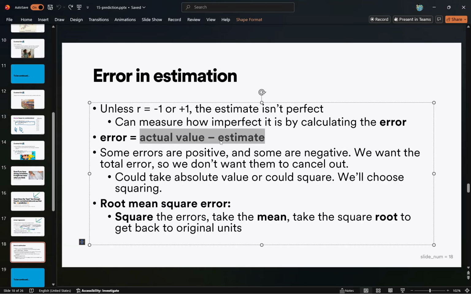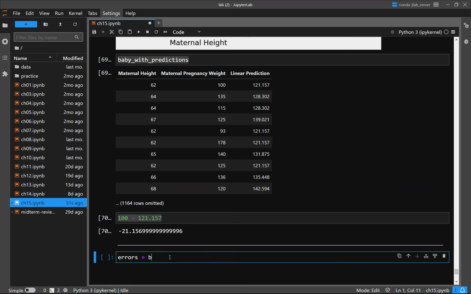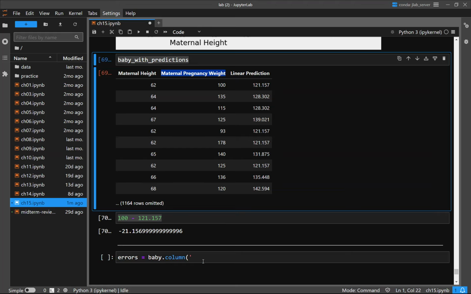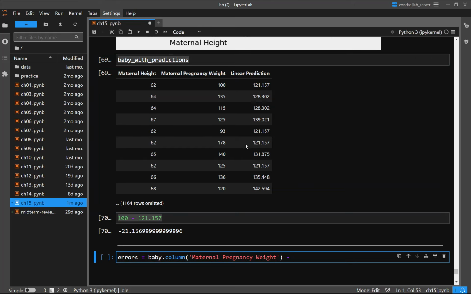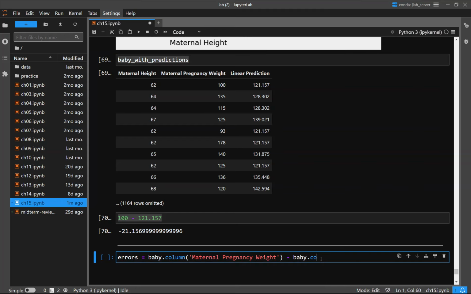It's always actual minus estimate. So it's this column, actual, minus the linear prediction column. So maternal pregnancy weight column minus linear prediction column. So that is baby dot column, that one, minus baby.column, this one. Prediction comes second. That's just how they've defined it.